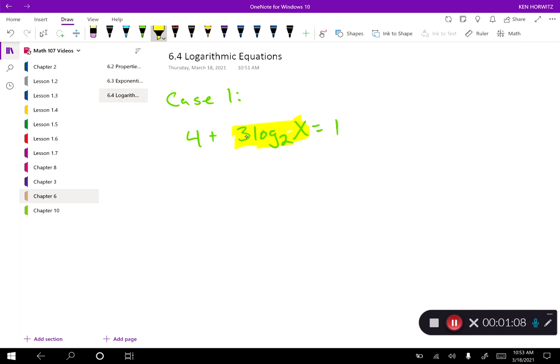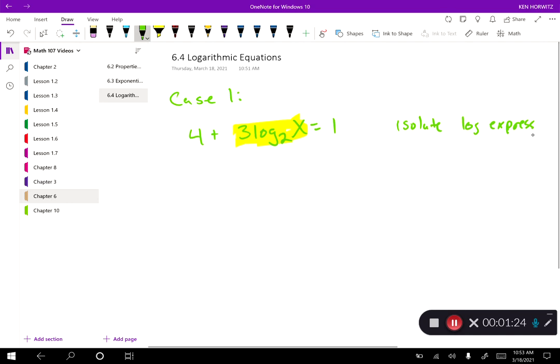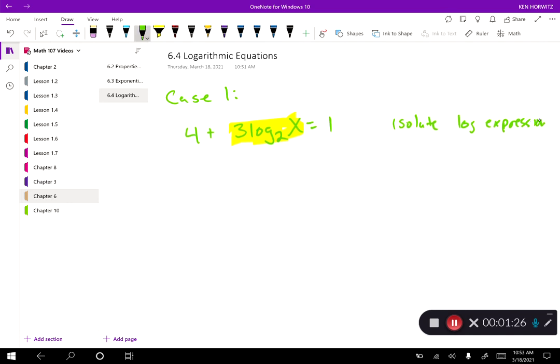And now the first thing we need to do is we need to begin with a little bit of algebra to isolate the logarithmic expression. So isolate log expression. All right, so I'm going to subtract 4 from both sides.